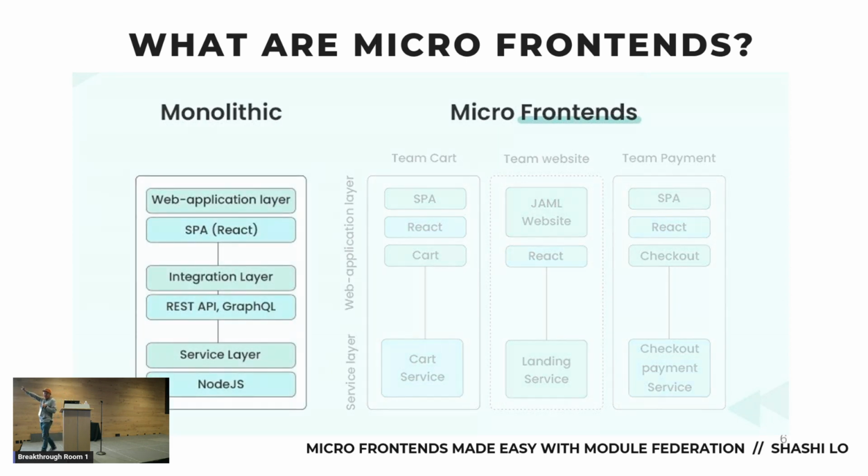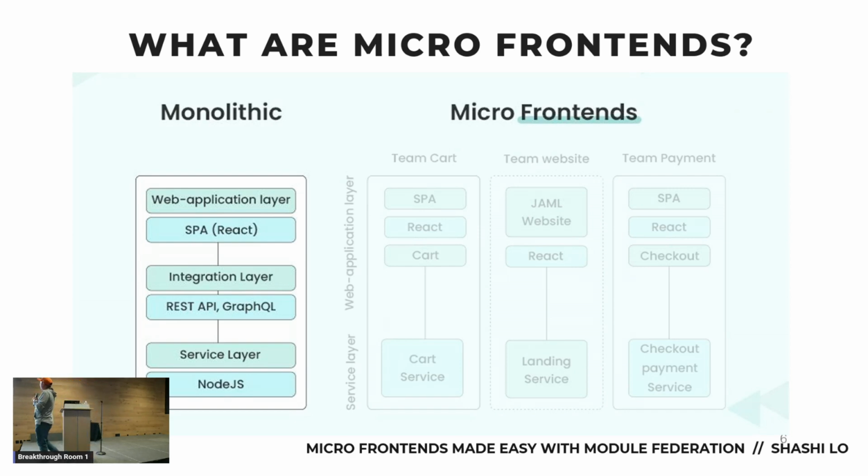So if we look at the monolith image on the left, there are three teams: the cart team, website team, and payment team. All of their code is in one repo, one deployment, one schedule, like one node package, like you're sharing everything, right?